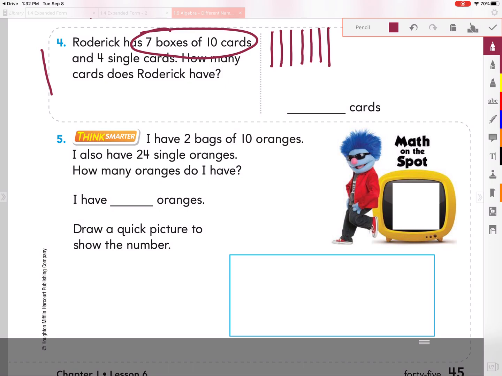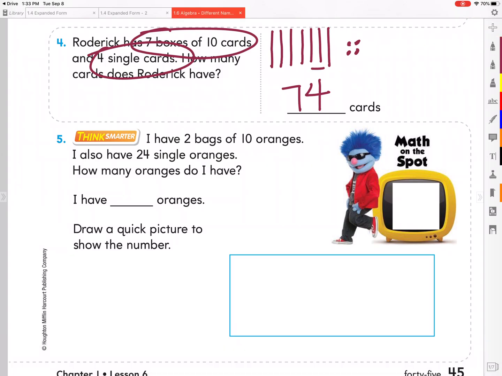So each rod is a group of 10. Now we got 4 little singles. 1, 2, 3, 4. And I know, I'm going to recount, I've got 7 groups of 10 and 4 singles. So Roderick has 74 cards altogether.